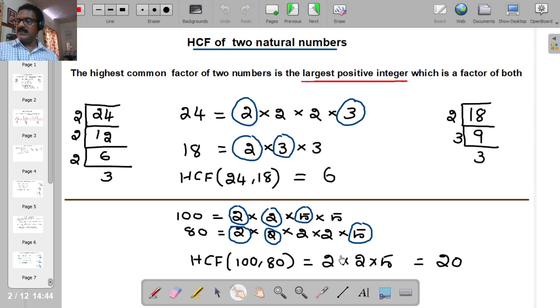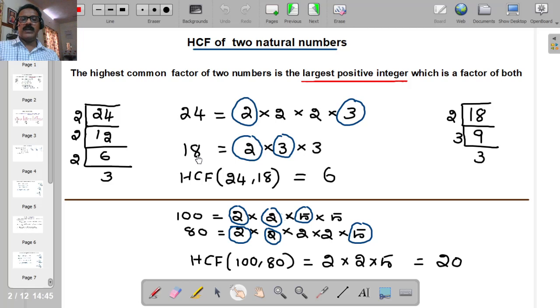We will try to divide 24 by the lowest possible prime, namely 2. We know that 24 is divisible by 2, resulting in 12. Then 12 is also divisible by 2, resulting in 6. Then 6 is also divisible by 2, resulting in 3. And we know 3 cannot be factorized further because 3 is a prime number. Therefore 24 can be written as 2 times 2 times 2 times 3.